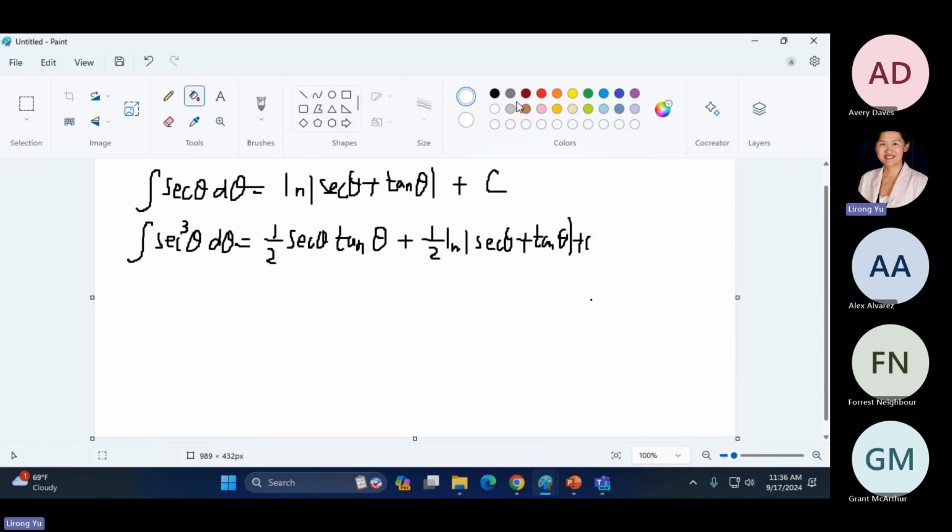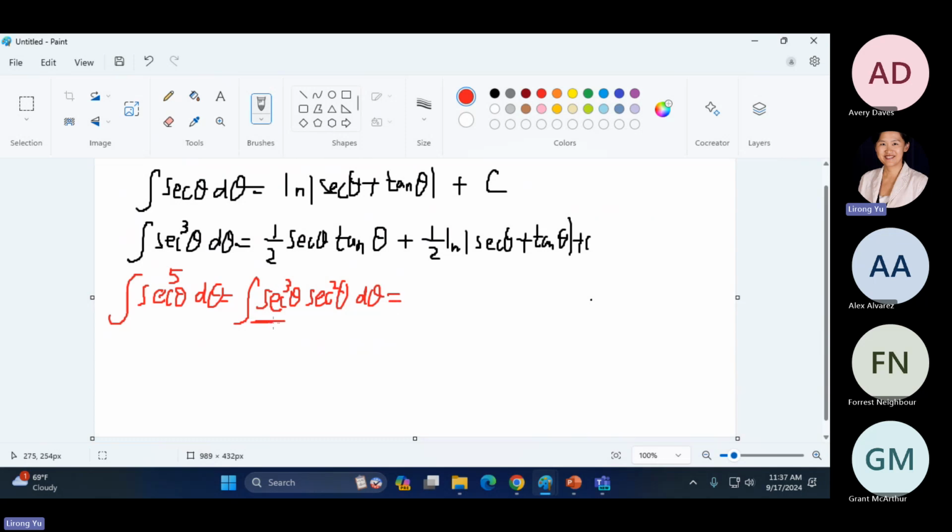Secant to the fifth power has a very similar calculation, so let's repeat what we did for secant cubed. You would rewrite secant to the fifth power by writing out a secant squared. So we have secant cubed of theta, and then you take out a secant squared theta, right? The secant squared is the derivative of tangent theta.